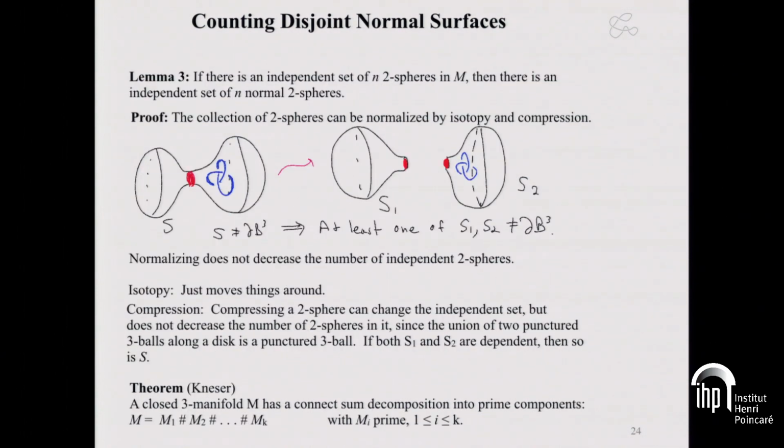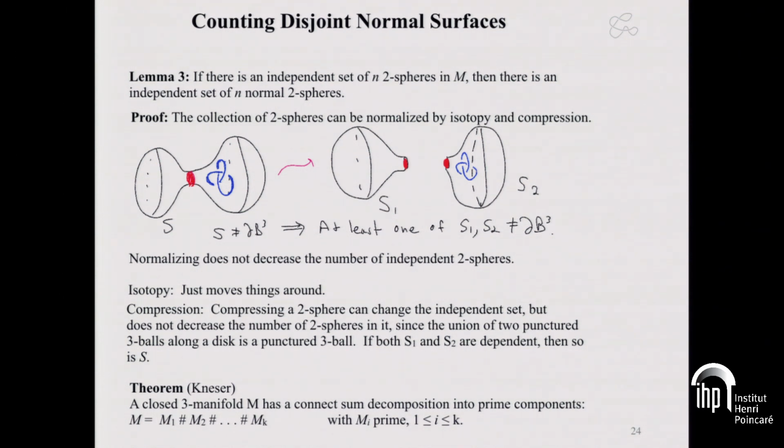Okay, so we can count how many disjoint normal surfaces there are that way. There's at most 60 normal spheres that are disjoint, but maybe in the connect sum we have non-normal spheres. So we have to make sure that when we take a collection of spheres and do this process of normalization, we have at least as many normal two spheres at the end, no two of which are parallel, as we started with.